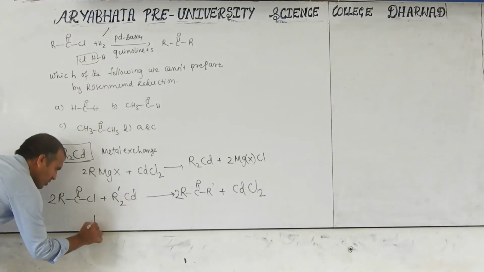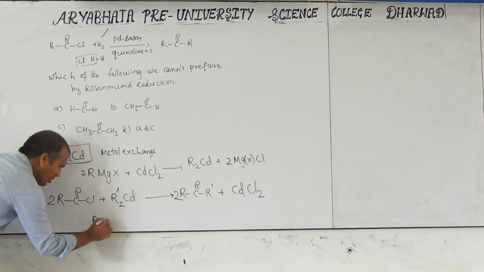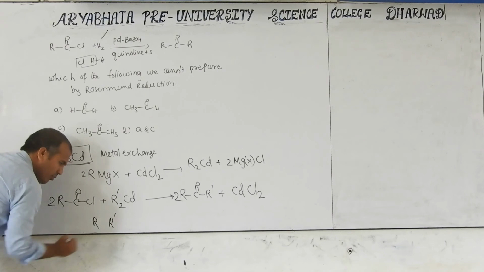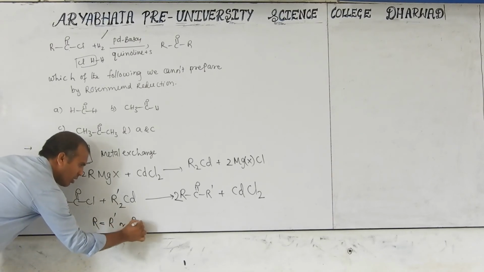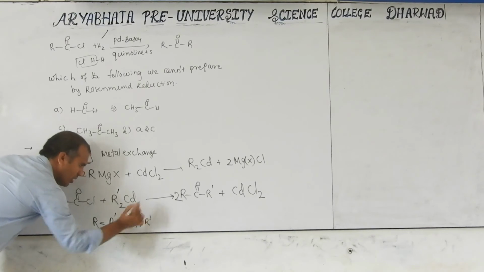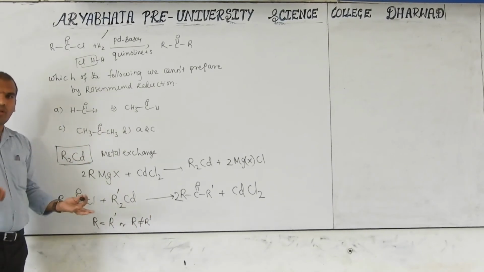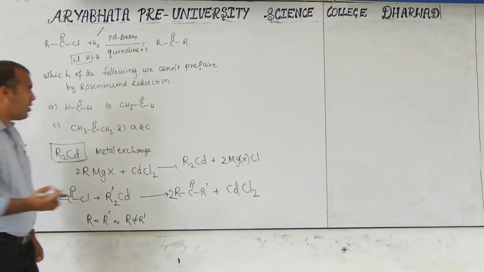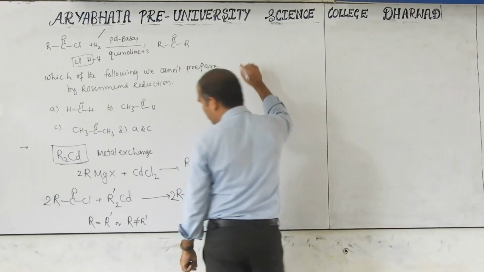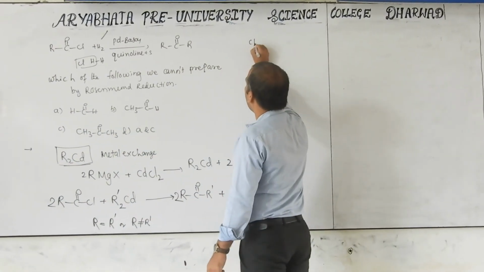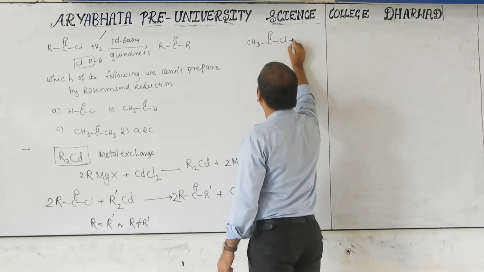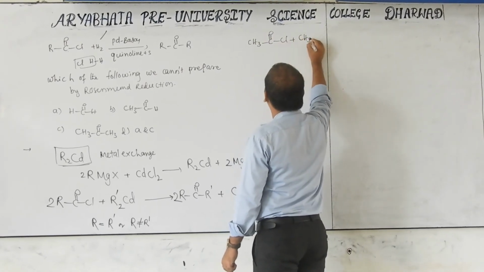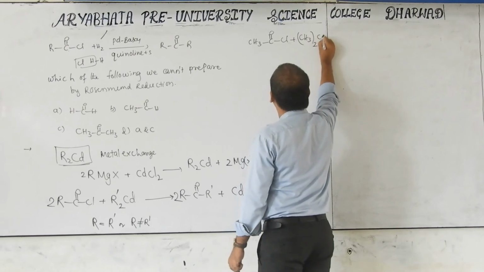Now the question is, this R and this R dash may be equal, or R dash may not be equal. It means that they may be same or may not be same. So now we take one example. CH3, C double bond O, Cl, and (CH3)2 cadmium.